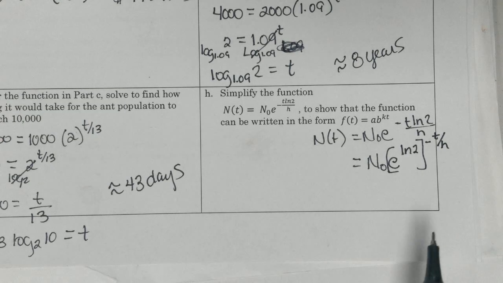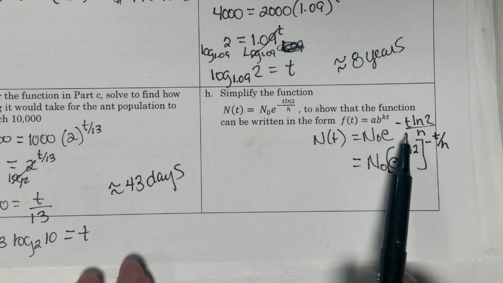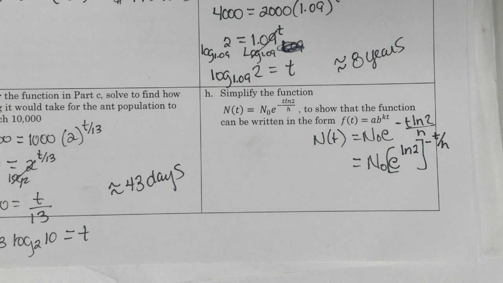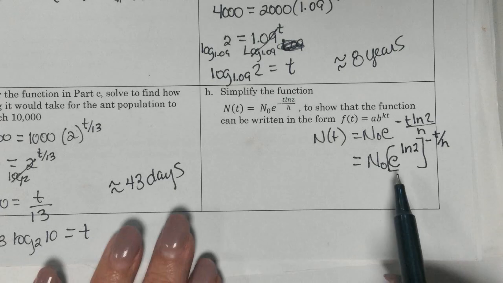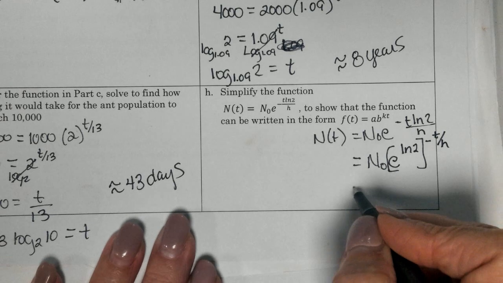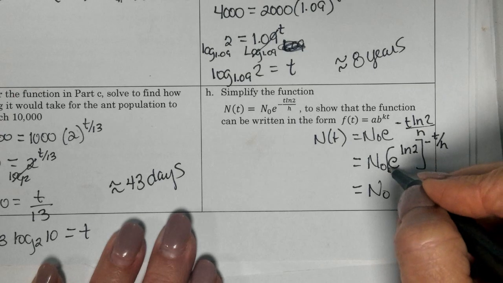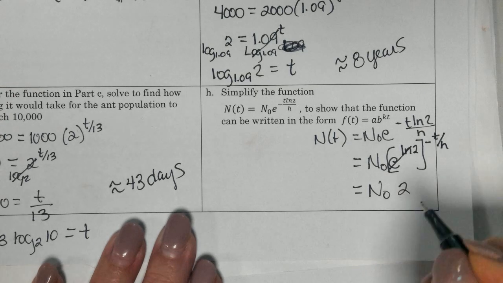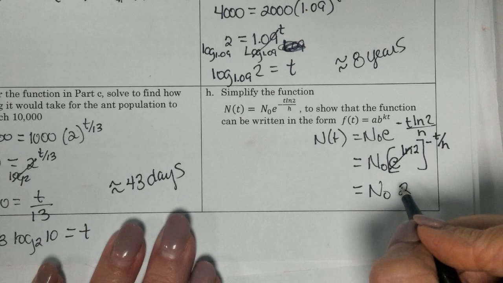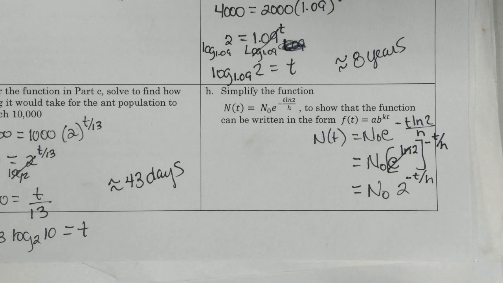Because when I take a power to a power, you just multiply those, so I'm not changing the value, I'm just writing it to look different. Now, e to the natural log of 2, what does that simplify down to? Just 2. And then 2 would be to the power of negative t over h.